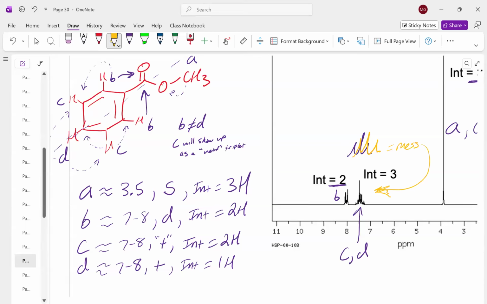Because they're so close together in chemical shift, they're overlapping. What looks like one signal is actually 2 separate signals that are overlapping. And that's why the integration is 3, because there are 2 C hydrogens and 1 D hydrogen.